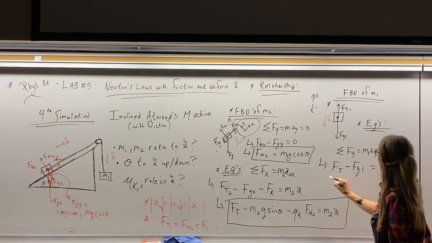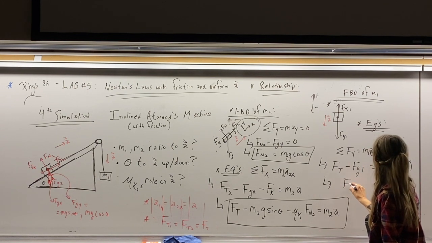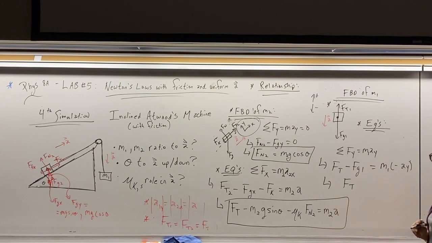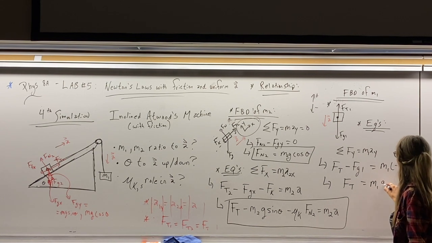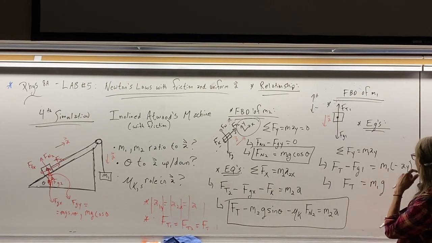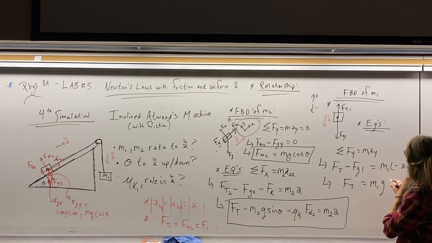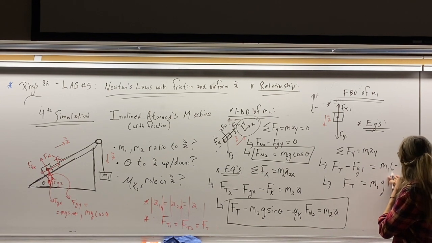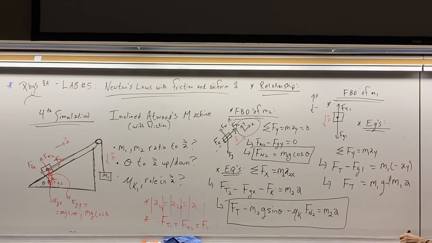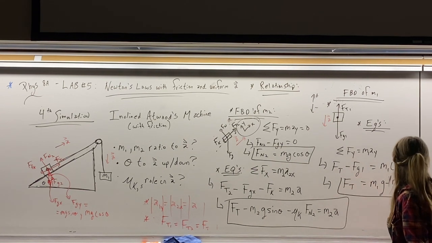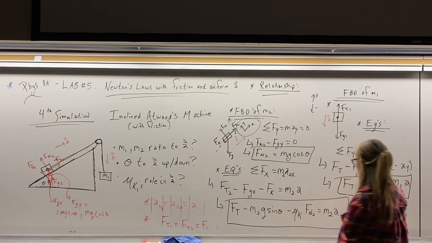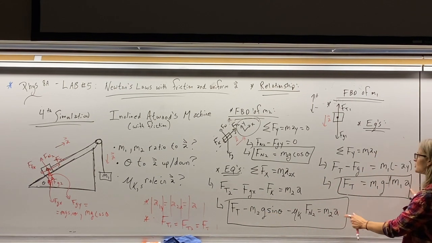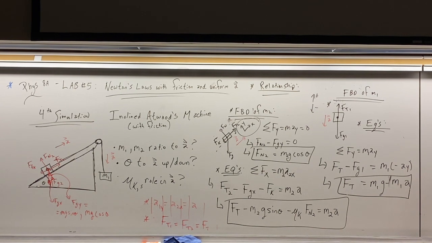So cleaning this up in one more step, we'll say the tension force acting on mass 1 will equal M1g, that's just the straight vertical weight force, plus or minus M1 times a. So here I have another equation. And again, these accelerations are equal, as we know from before, because it's uniform acceleration.